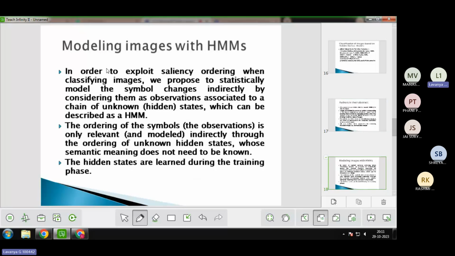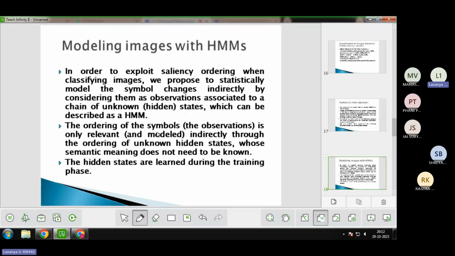Now, how do they do that? In order to exploit saliency ordering when they classify the images, they propose to statistically model the changes. They consider them as observations associated to a chain of unknown or hidden states, like how we had hot and cold, which can be described as an HMM.